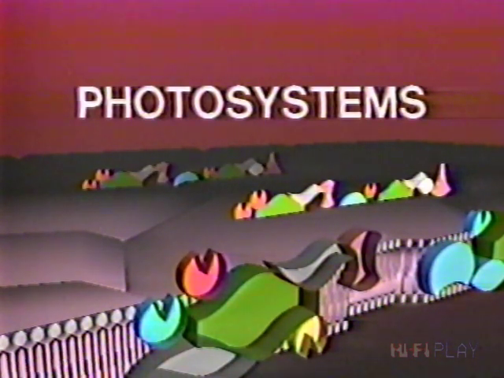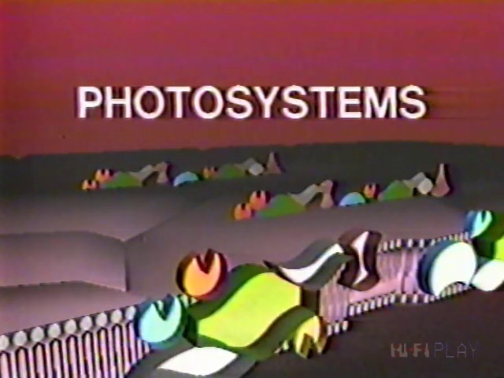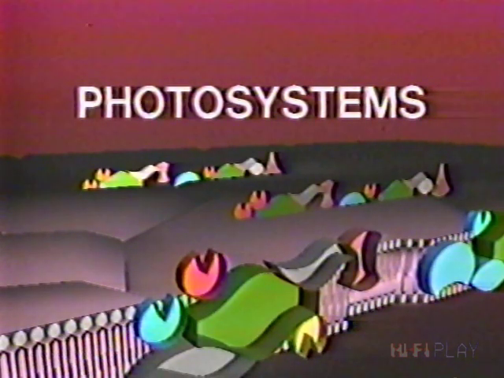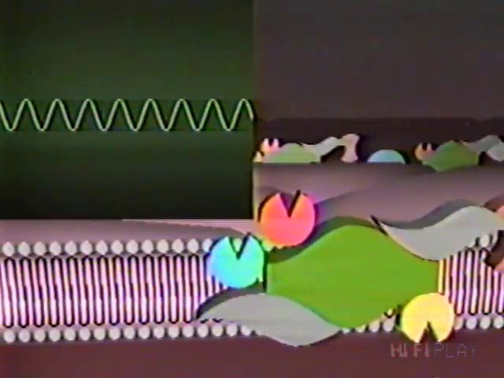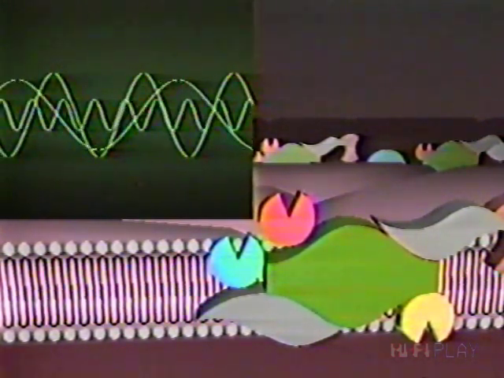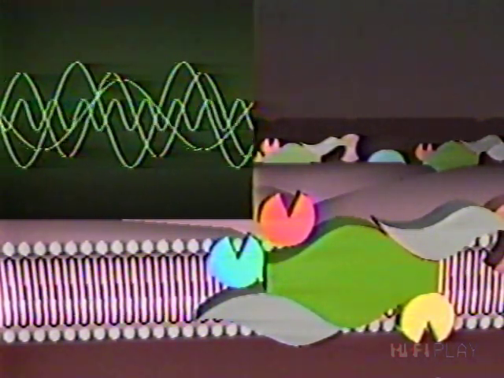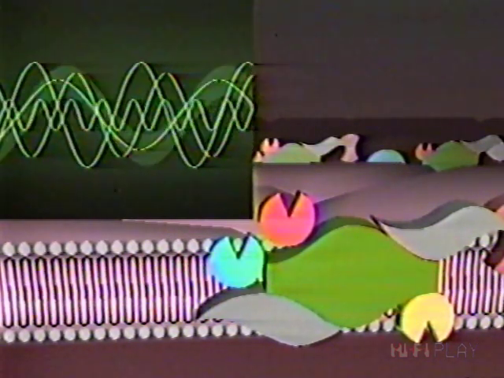To do this effectively, the pigments are grouped together, so scientists believe, to form reaction centers called photosystems. Since a photosystem contains many different pigments, and each pigment has a preferred wavelength, the combined effect is an overall average wavelength that the photosystem as a whole absorbs.